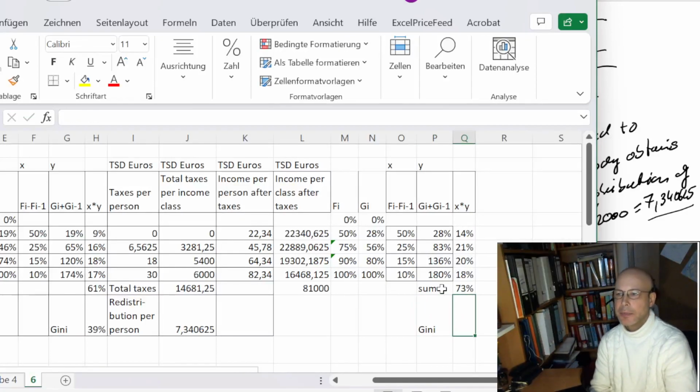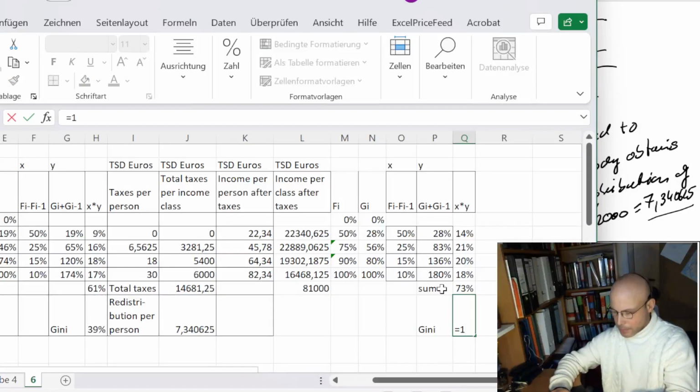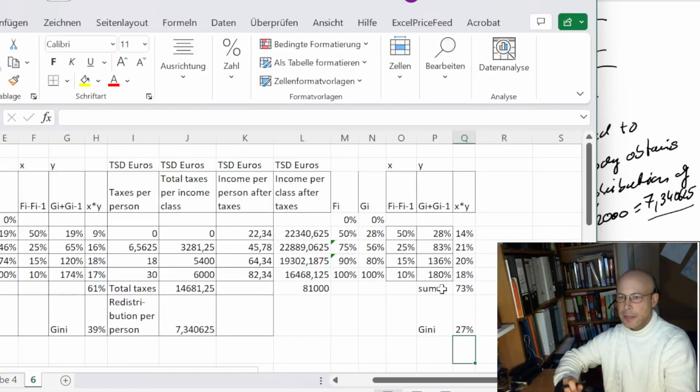Can anybody help me? Yes, 1 minus 73%, and then we see that we have a Gini of.